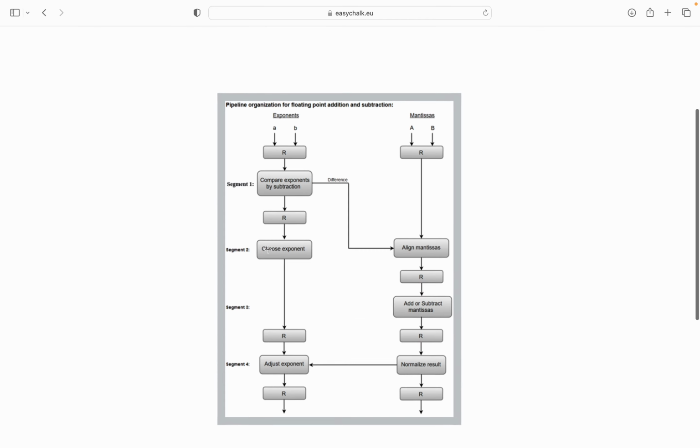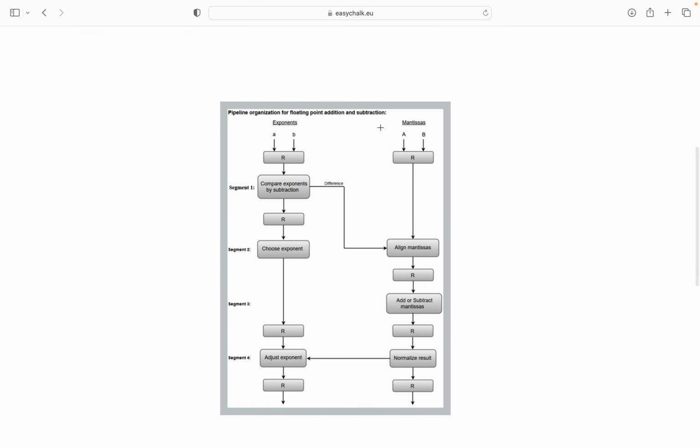The exponents are 3 and 4, and the mantissas that we have obtained are 0.9142 and 0.9257. Now what are we going to do? We are going to store these exponents in a register for the first step. This belongs to segment 1. In this we are going to do the saving into the register, so we can use it for later purpose.